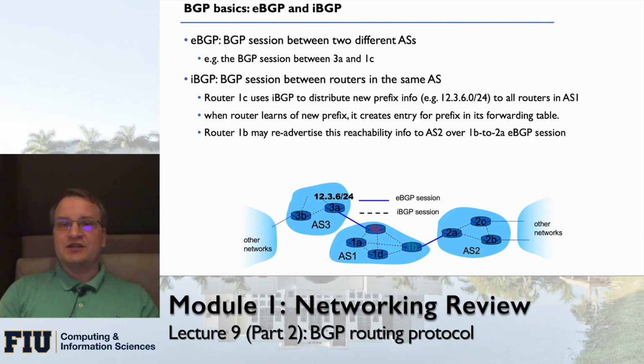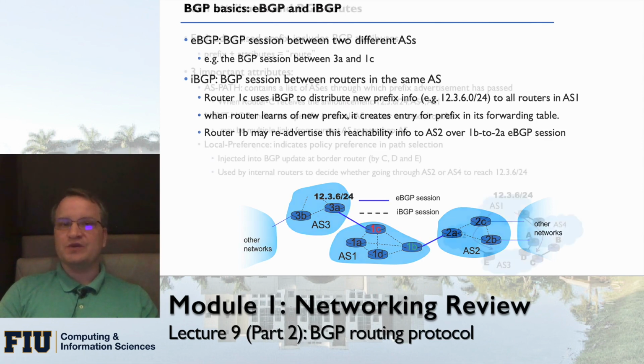I just want to highlight the existence of eBGP and iBGP. Primarily, when we're talking about BGP, it will be about external, or eBGP. But remember that there's still this problem of internal synchronization, and it's actually a very complicated protocol. There are several problems associated with this because you really have to keep a consistent state between different routers.